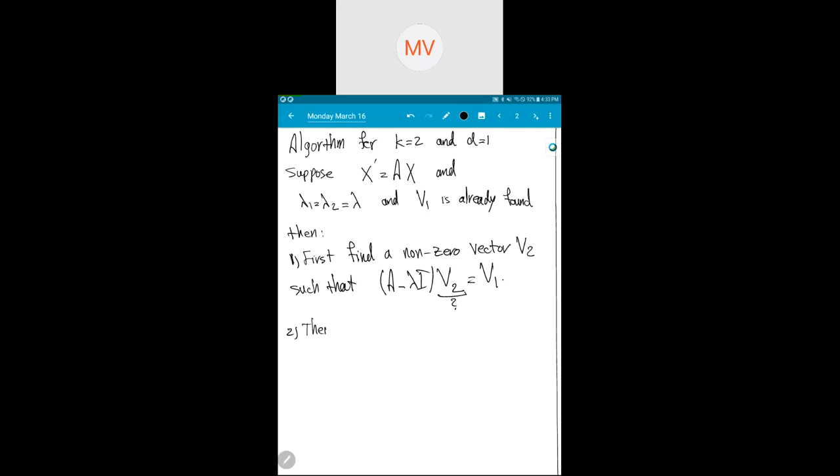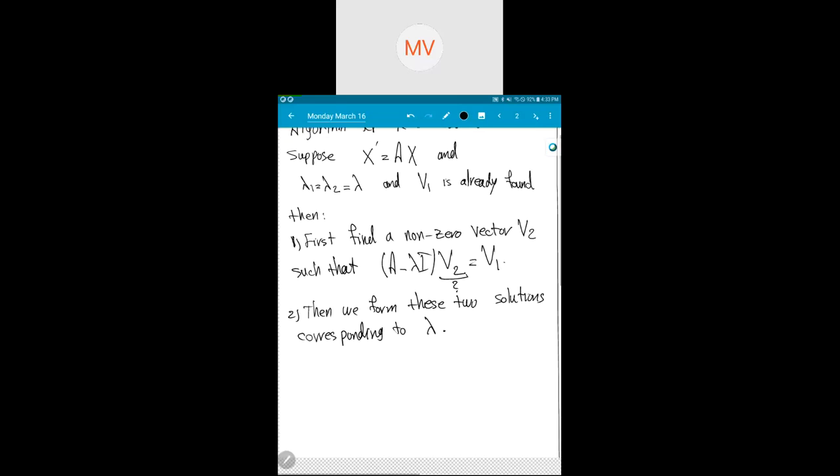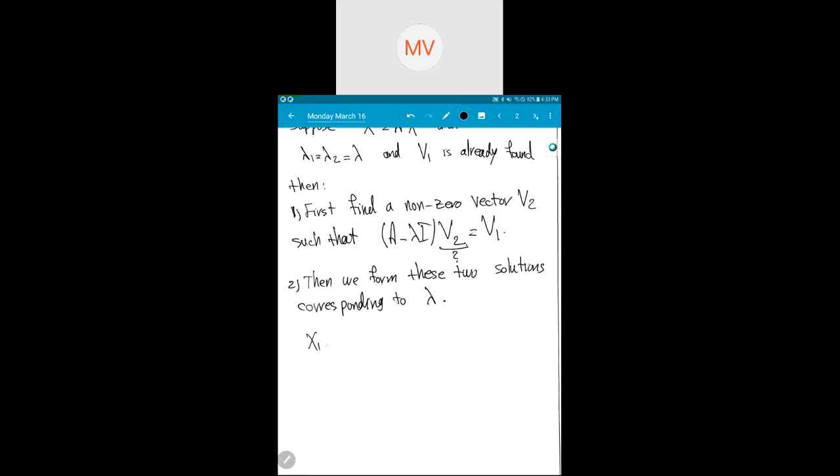And step 2, then we form these two solutions corresponding to lambda, because we have two of them. And these are the solutions. X1, as I said, was just the normal v1 e to the lambda t.